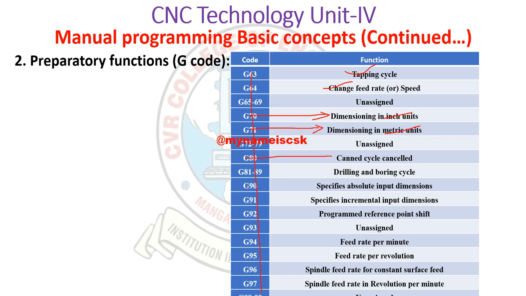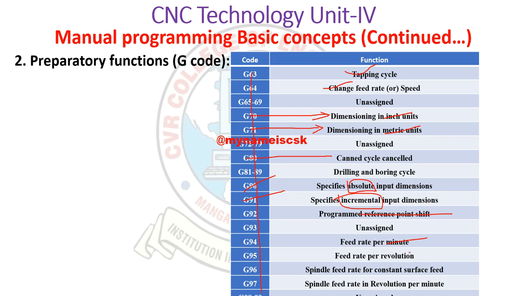Next, G80 canned cycle cancel, and G81 to G89 are different canned cycles from drilling to boring, etc. And G90, if you are giving absolute dimensioning, then we use G90. If you are using incremental, then we use G91. G92 program reference point shift, so we are shifting the reference point by using G92. And G94, if you want to give feed rate per minute, then we give this one.